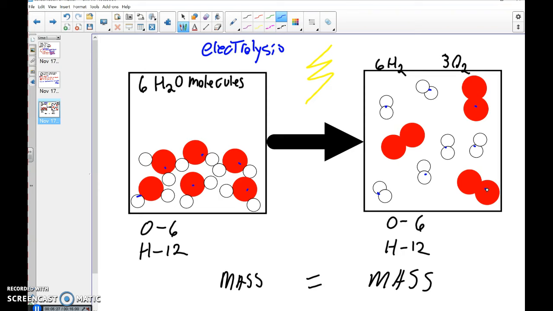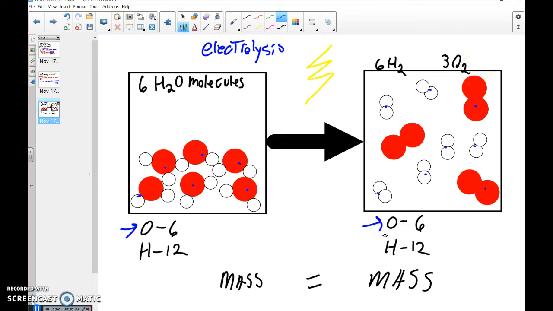So just at a surface glance, it looks like I now have more matter, that this chemical reaction has created a situation where I have more matter. But if we did an atom inventory, you'll notice the 3 O2 molecules on this side have 6 oxygens, and the 6 H2O molecules have 6 oxygens.